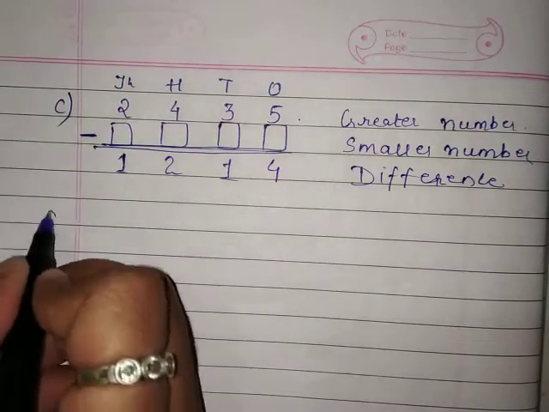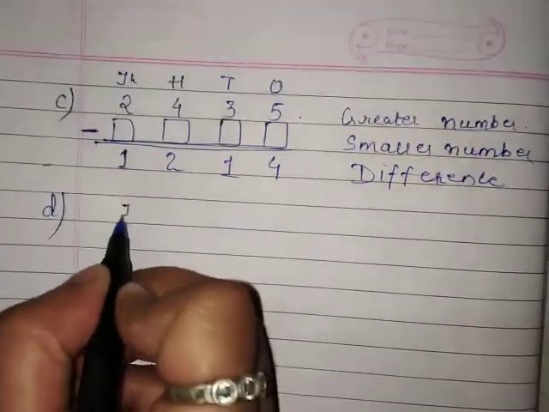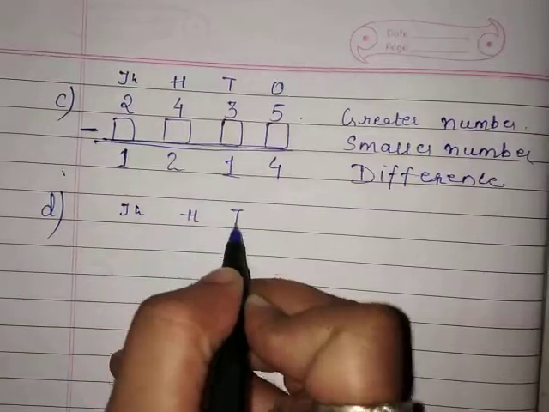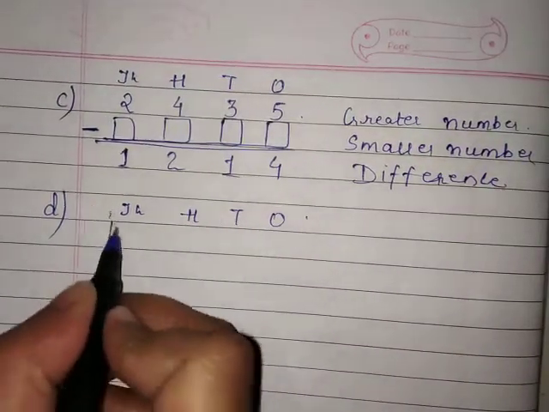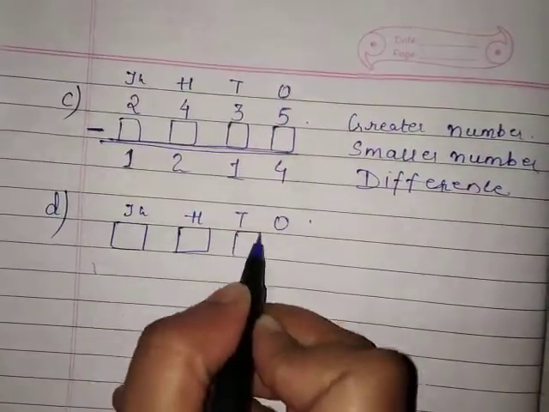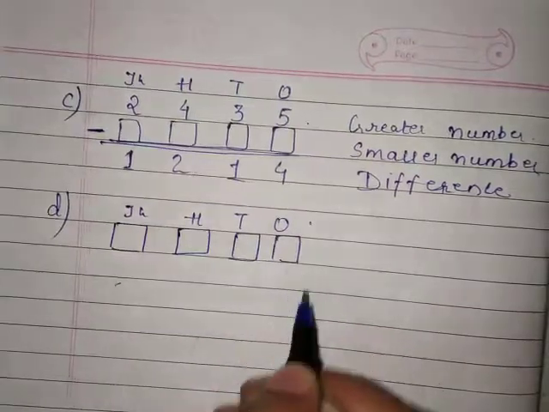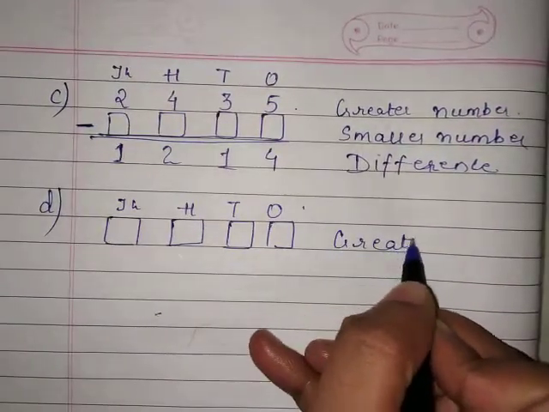In the same way, in question number D, first we have to write the place. Then this is the missing number here. So this must be the greater number.